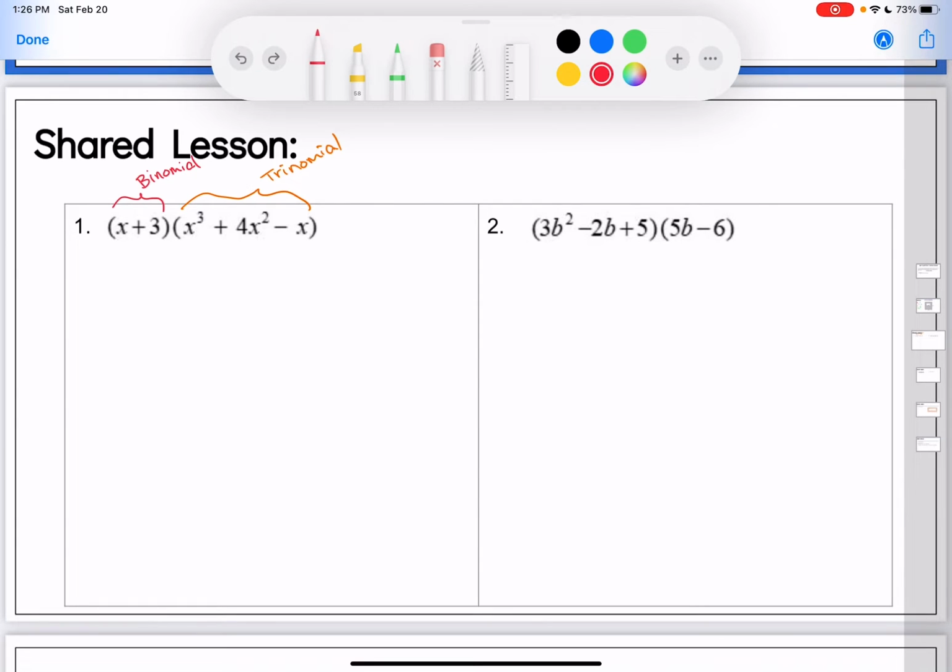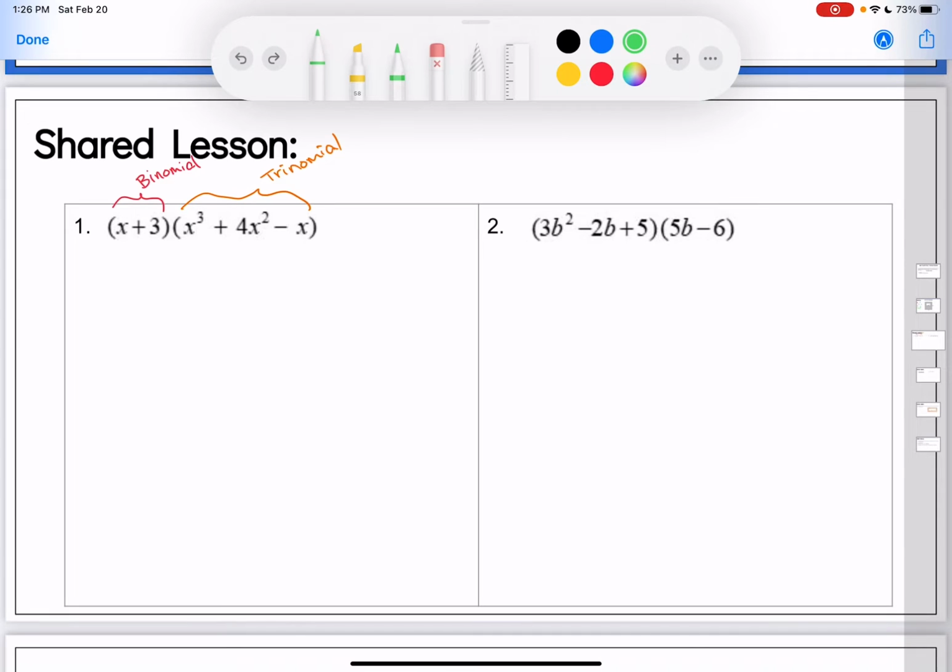When I see something like this, where it says this binomial x plus 3 times the trinomial x to the third plus 4x squared minus x, it means I want to take every term in the binomial and multiply it by every term in the trinomial. And the way to make sure that you do that is to distribute, distribute, distribute.